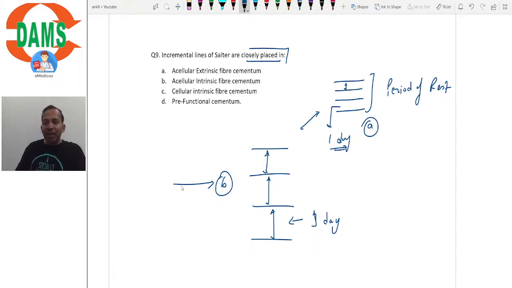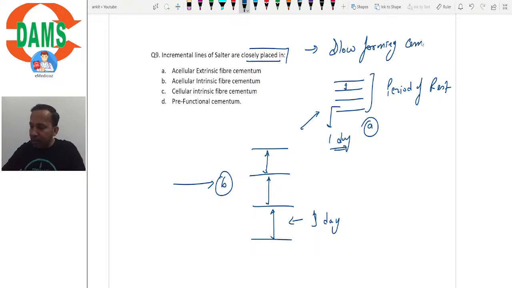So basically, in this question, what we are asking is which of these options represents slowly forming cementum, right? Which of these options represents slow forming cementum?